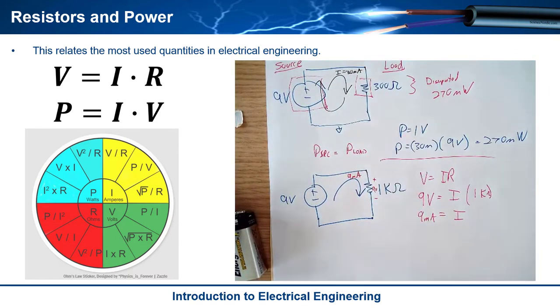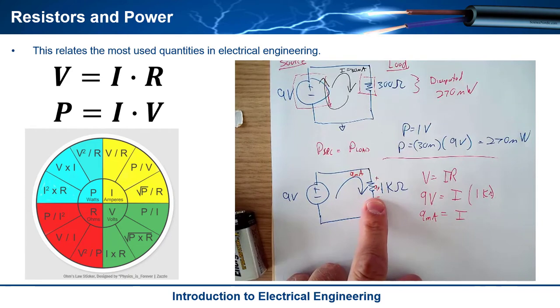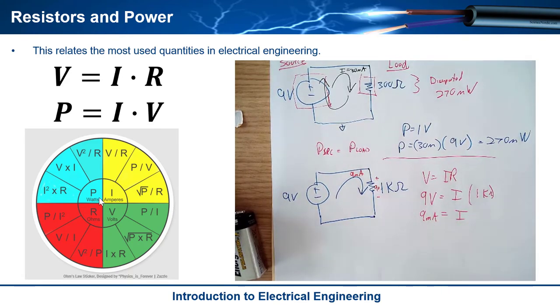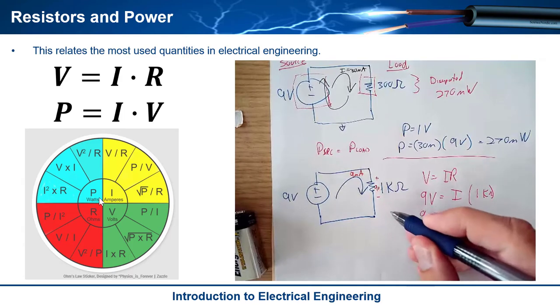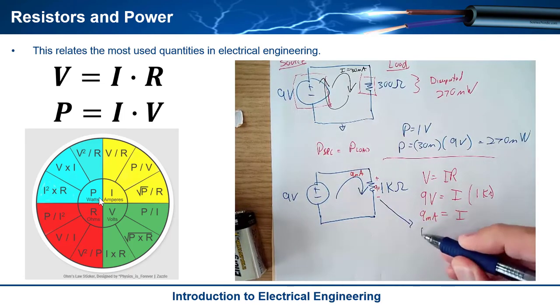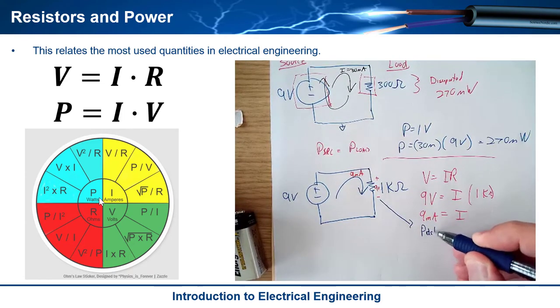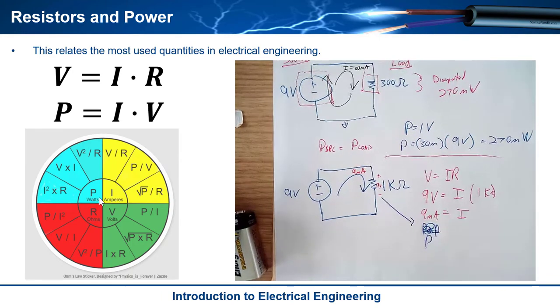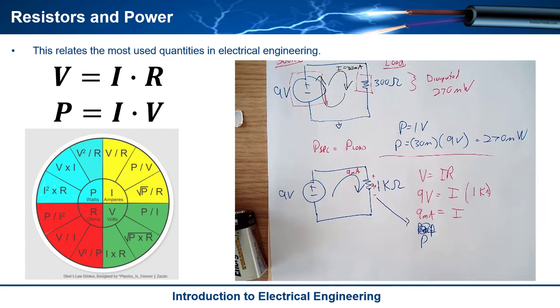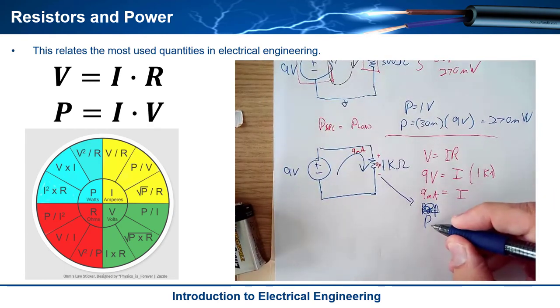So now the question is, how much power is being dissipated in this resistor? Well, pick whatever one you want. We have current, we have voltage, and we have the resistance. Let's do it a couple different ways just because we can. So let's take the power being dissipated, and we'll call it the power of the load.